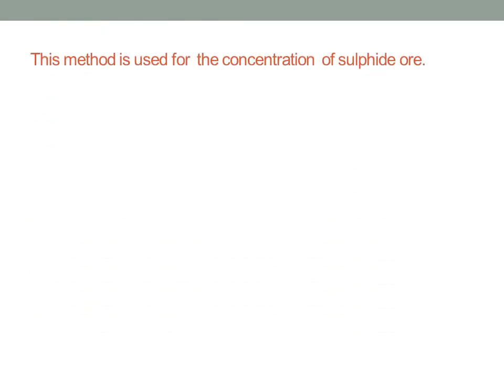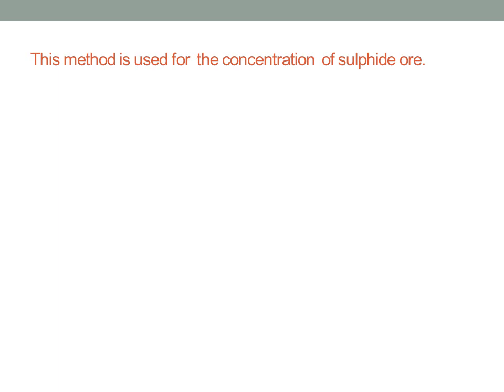This method is mainly used for the concentration of sulfide ore. Concentration means purification. What is an ore? Do you know? An ore is a mineral from which metal is extracted.